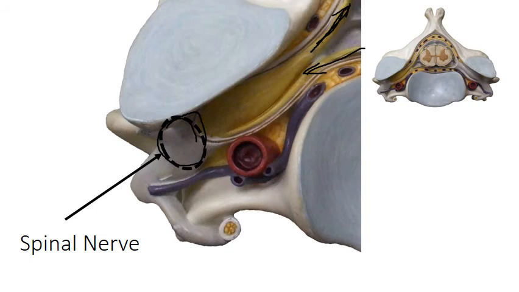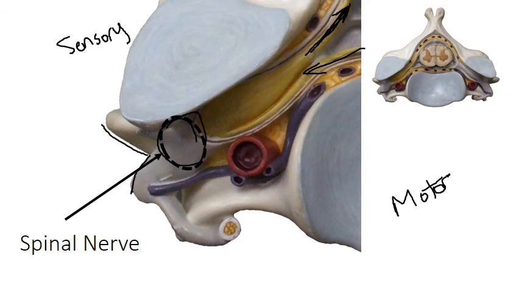So the ventral roots that are coming off the cord are actually going to be motor, and the posterior or dorsal roots that are going towards the cord are going to be sensory. And so each spinal nerve is going to have contributions from sensory neurons as well as motor neurons, and then that will eventually split, which we see here, and we'll talk about that split in just a second.